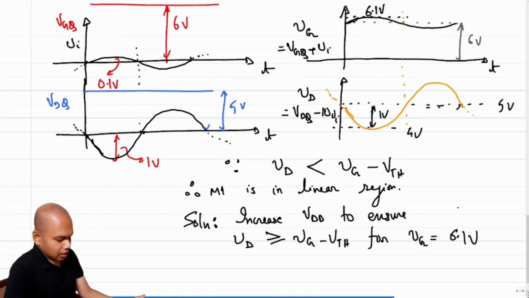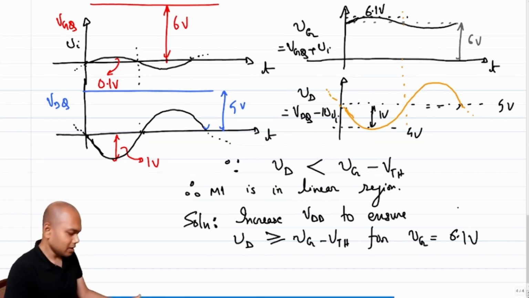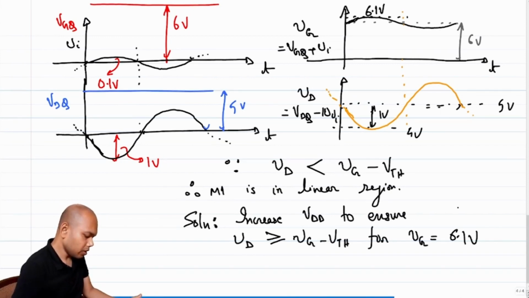So what will be the value of VDD if we have to ensure that? I leave it up to you to do this exercise, right? Okay, so let me write it down.